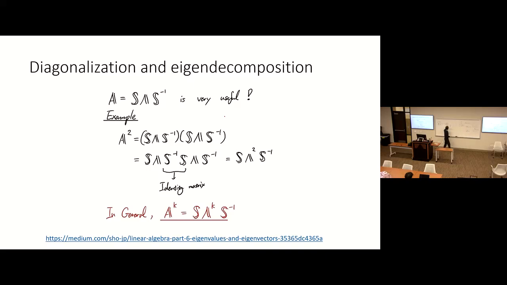If I gave you a matrix like this, you can decompose it into vectors and values, and then you can sort those vectors based on the values. Then you can reconstruct.